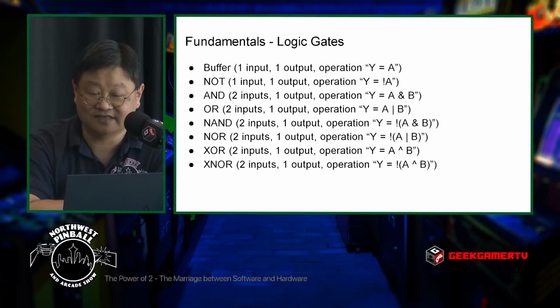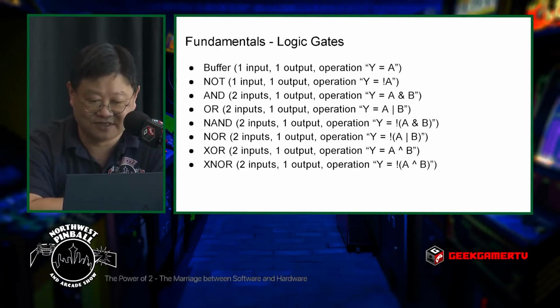A NOT gate is referred to as an inverter in the hardware world. They don't call it NOT; software calls it NOT. Then with 2 inputs and 1 output, A and B, you'll be familiar with that if you've seen C syntax and notation. Same thing for A or B. And those are bitwise rather than logical, but it's effectively the same thing for all intents and purposes.